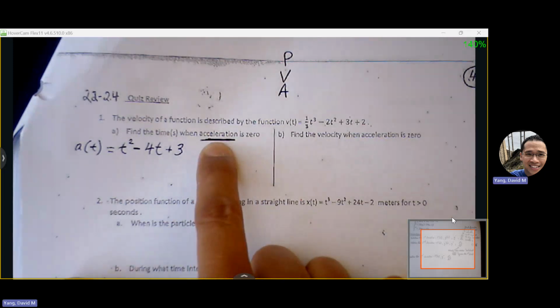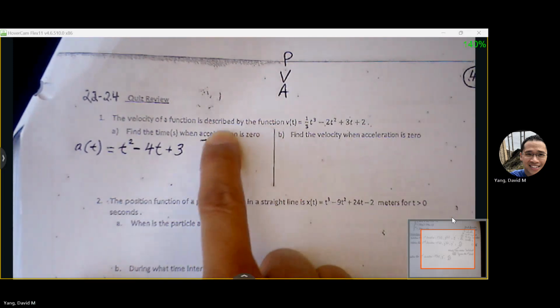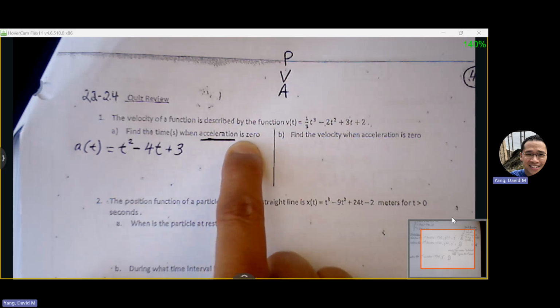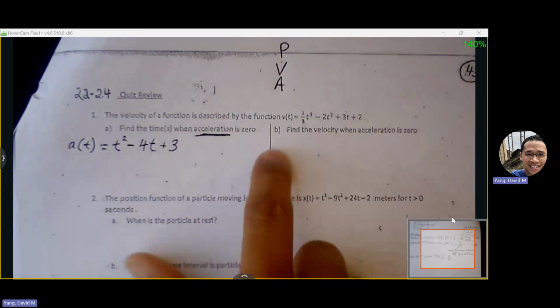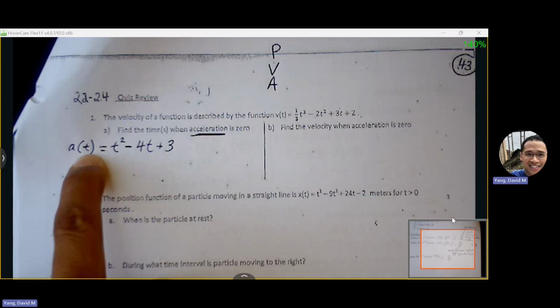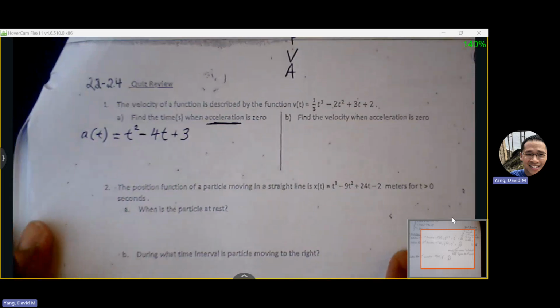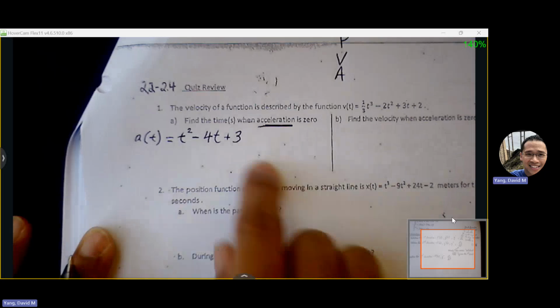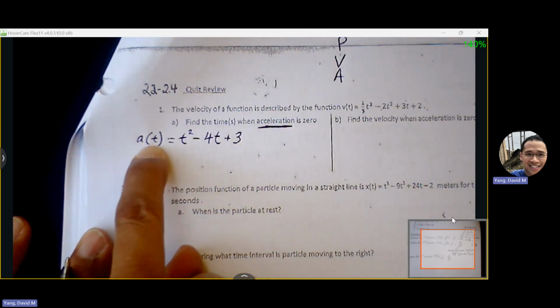So it says find the time when acceleration is 0. So what can we do? Take acceleration and do what with it? Set that equal to 0, right? We're trying to find the time when acceleration is 0. We don't want to put 0 in for t because that wouldn't fit what the problem is asking. We want to find the unknown time when acceleration hits 0.